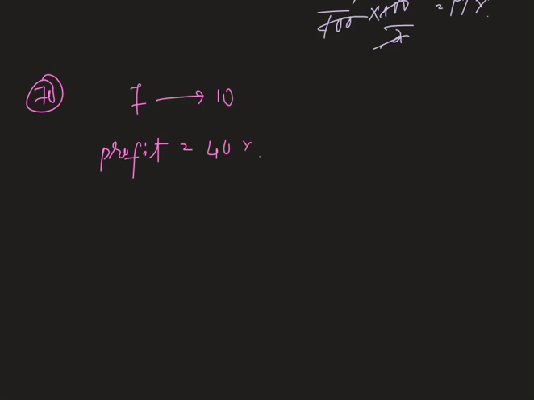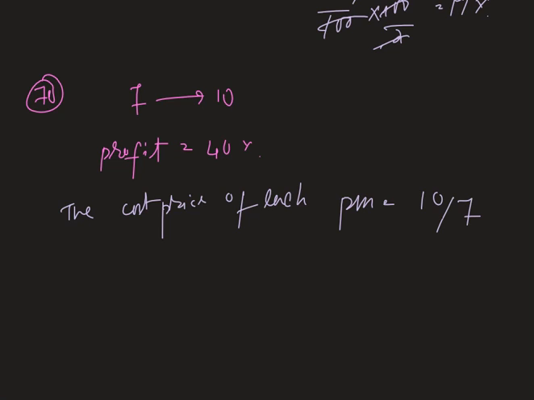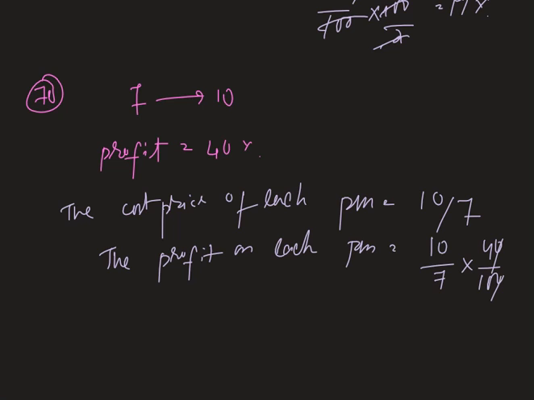So the cost price of each pen is equal to 10 by 7. Now the profit on each pen is 40% of the cost price, that means 4 by 7.